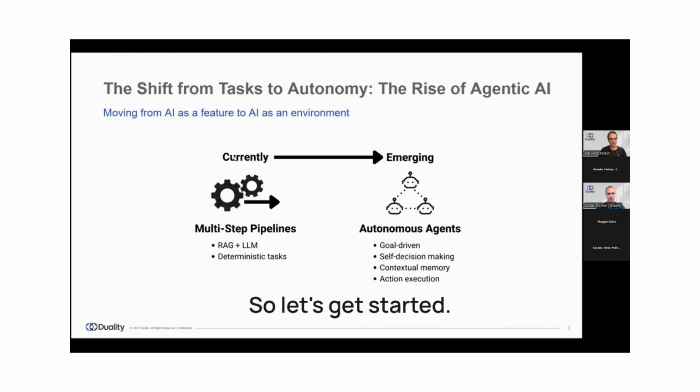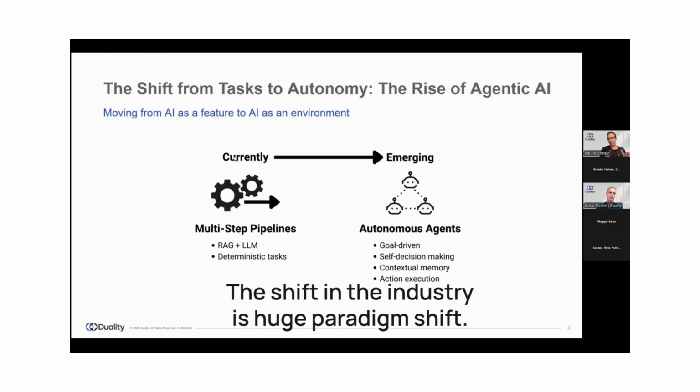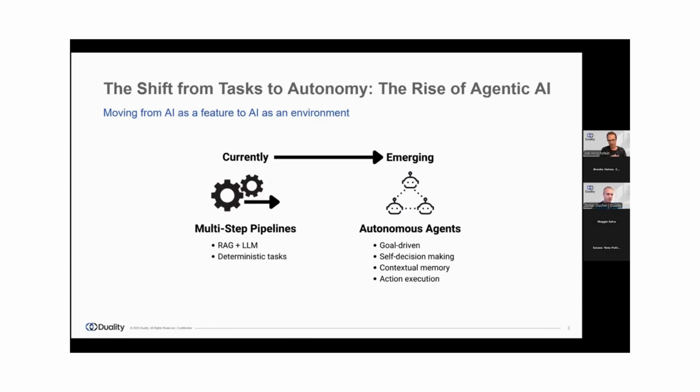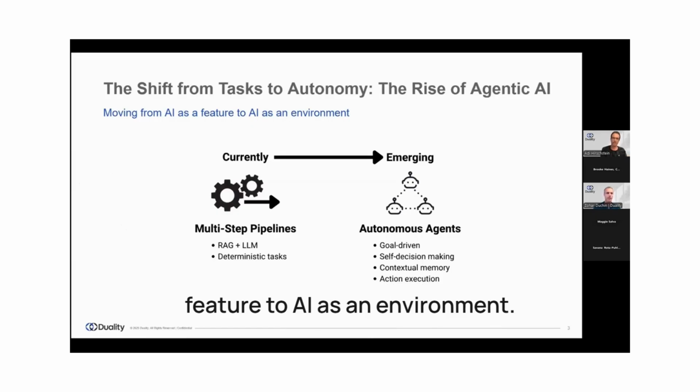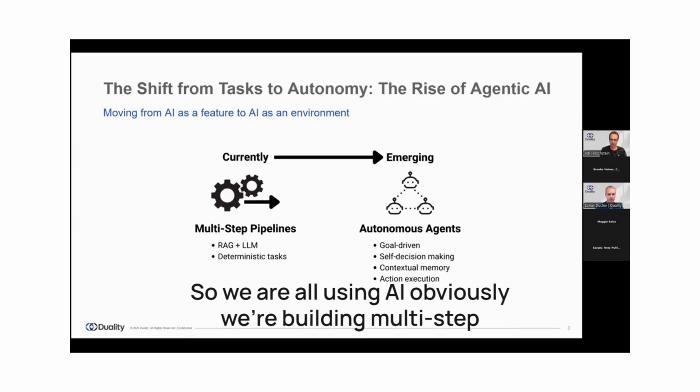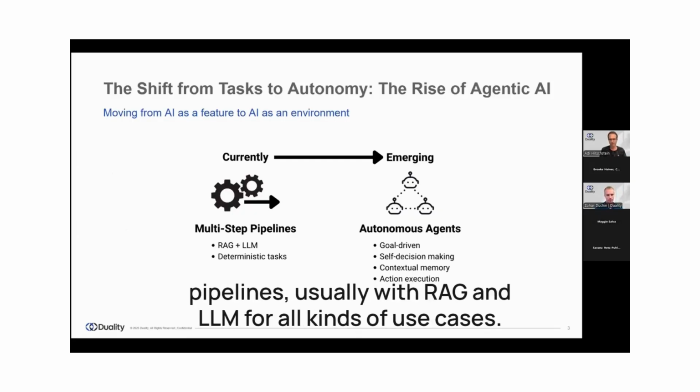So let's get started. The shift in the industry is a huge paradigm shift. And the way I see it is that we're actually moving from AI as a feature to AI as an environment. So we are all using AI, obviously. We're building multi-step pipelines, usually with RAG and LLM, for all kinds of use cases.